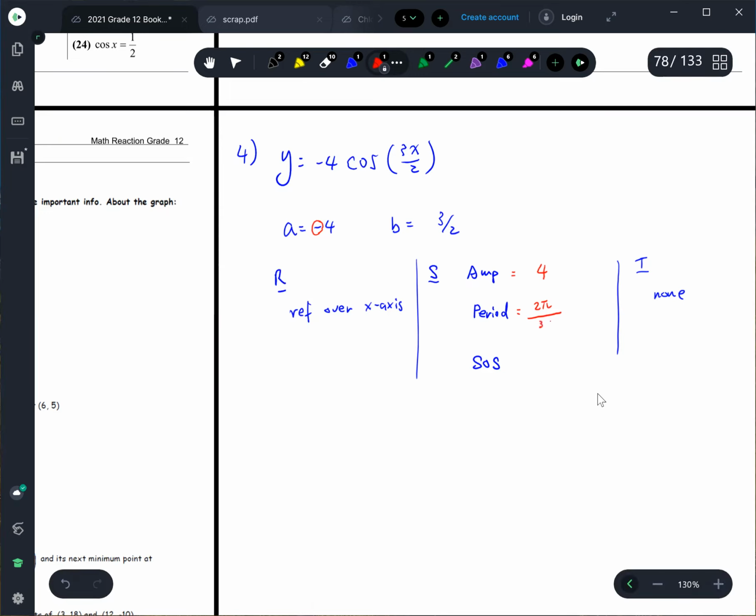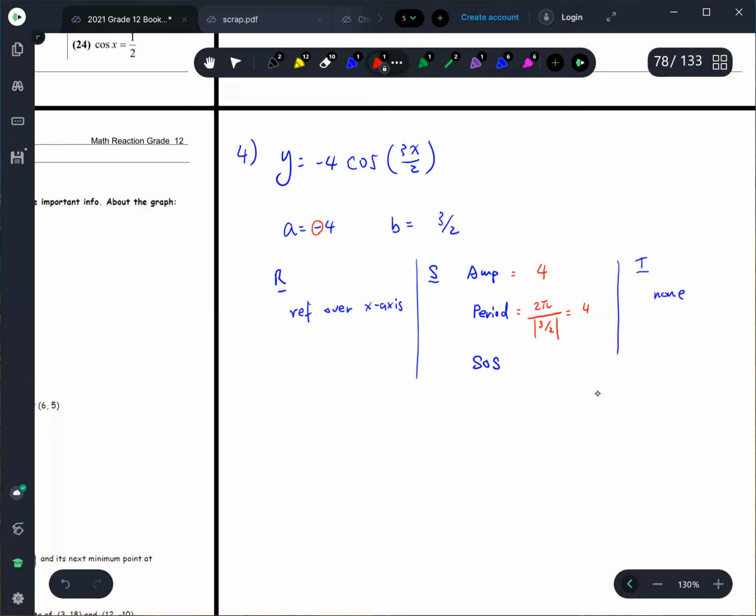Yeah, okay, 2 pi divided by 3/2. Make sure your 3/2 is in the absolute value. Can you calculate that? What would that equal to? Caleb? 4/3. 4/3. Where does the pi go? Pi, yeah. 4/3 pi.